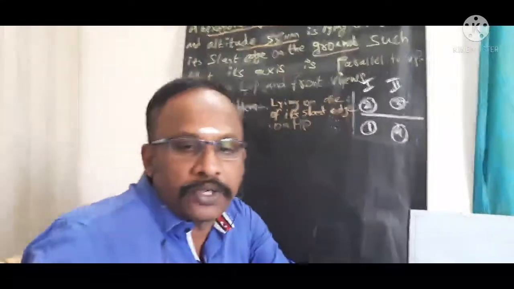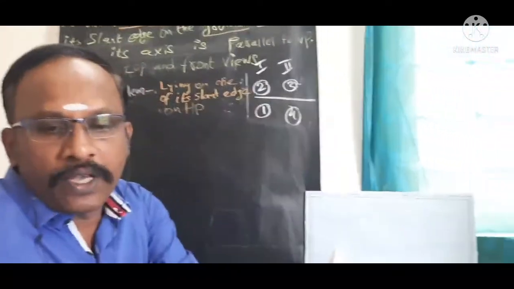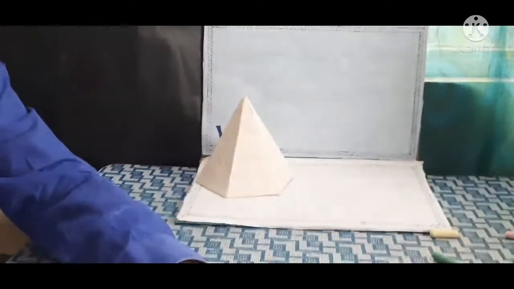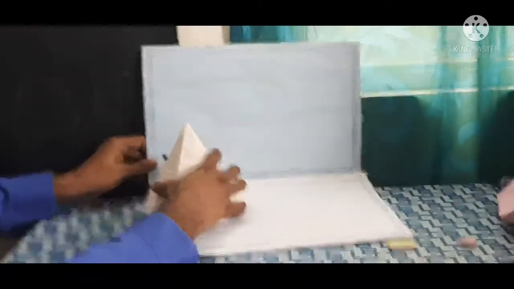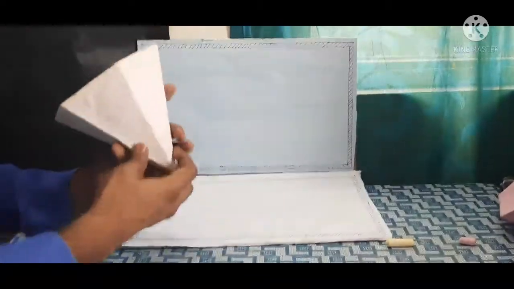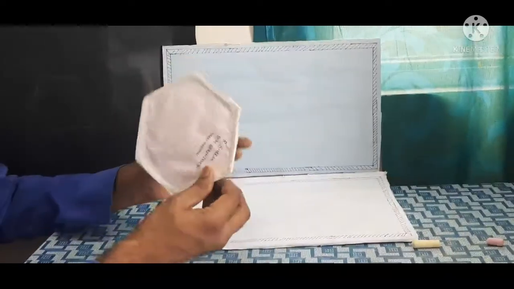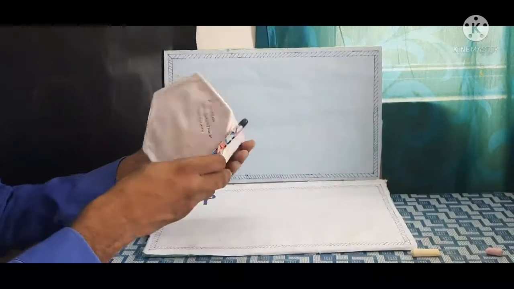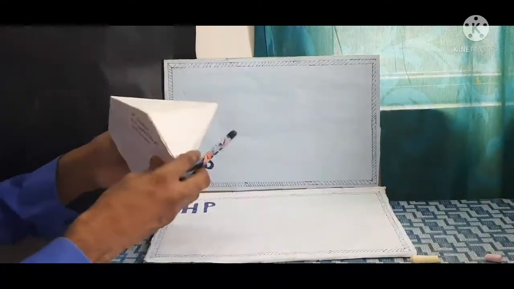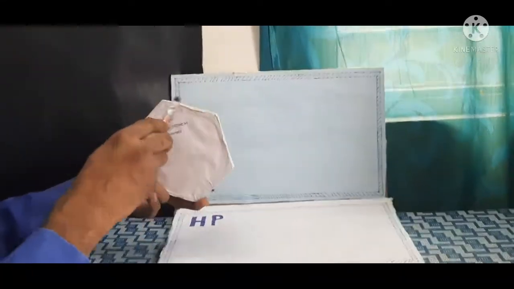Now I am going to demonstrate how we are going to proceed with this problem to get our detailed answer. This is my hexagonal pyramid, which consists of 6 base edges and 6 corners.